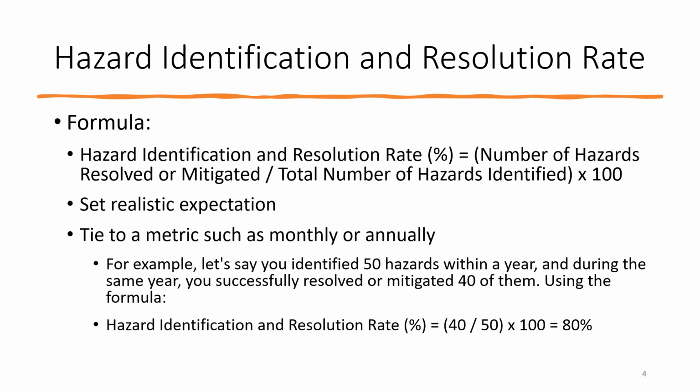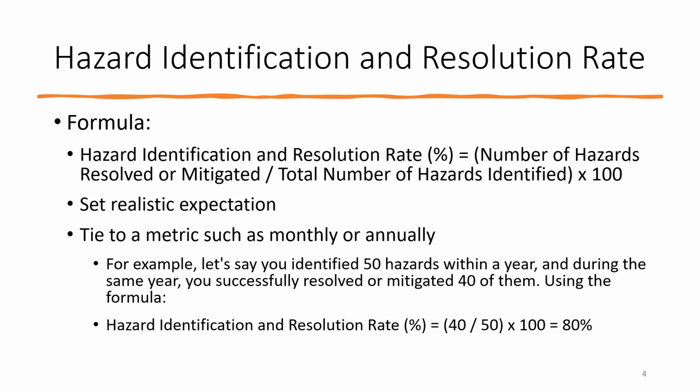Sometimes it seems like it's going to be an easy fix, and we put a lot of time and effort and money into it. Not that it's not worth it. We just have to have those realistic expectations. And I like to tie mine to some form of another metric, like are we doing it on a monthly basis, on an annual basis?